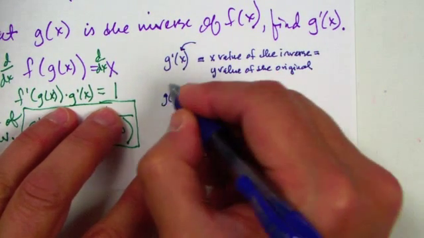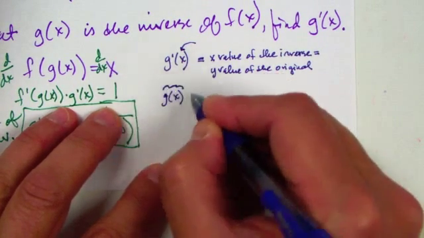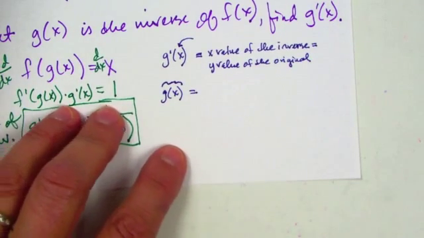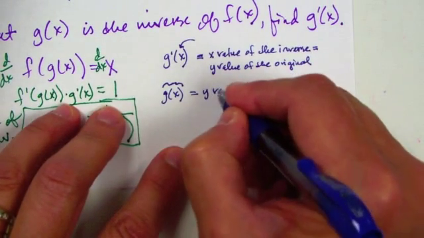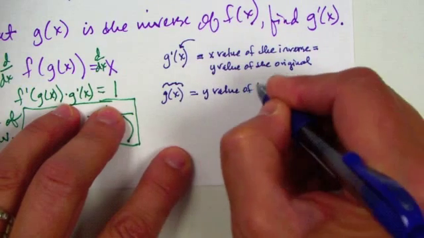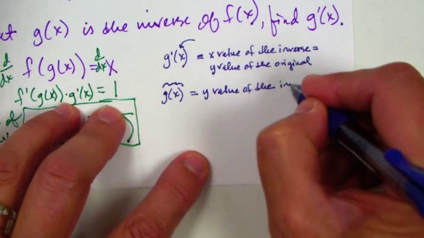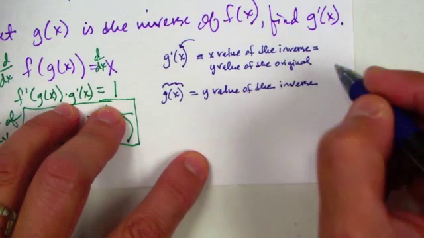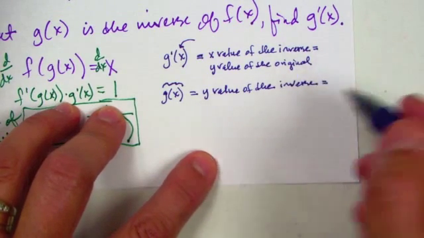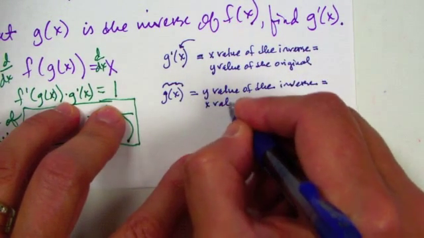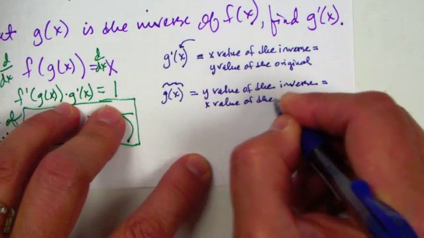G of x altogether, the whole thing, is the y value of the inverse, which means it's the x value of the original.